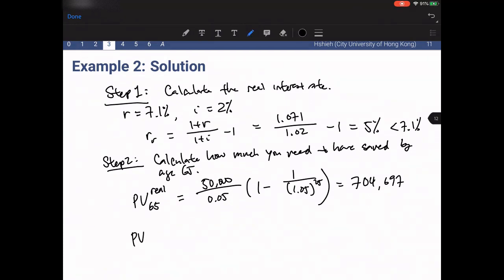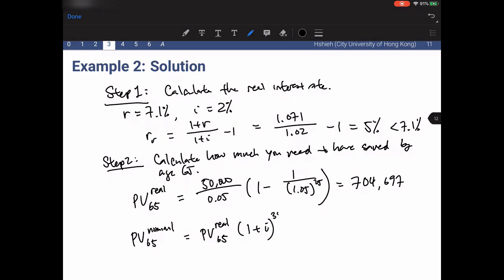So the present value at age 65 in nominal terms can be calculated by multiplying the present value of our retirement package at age 65 and growing it by the inflation rate from age 30 all the way to age 65.